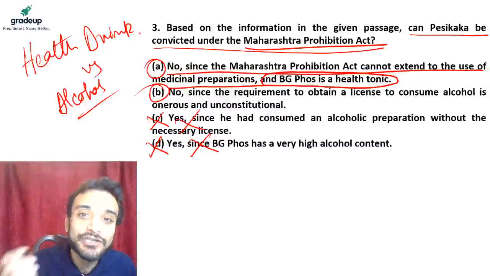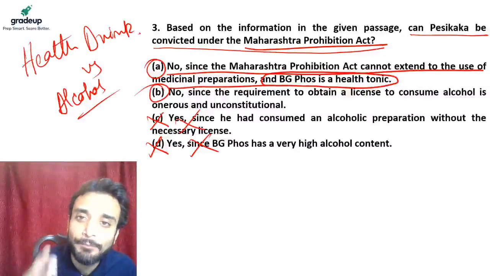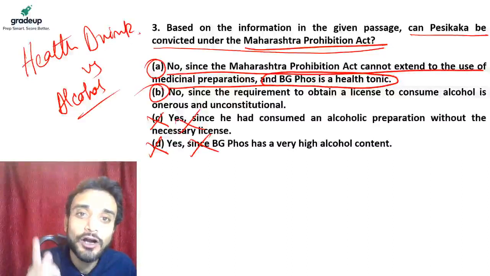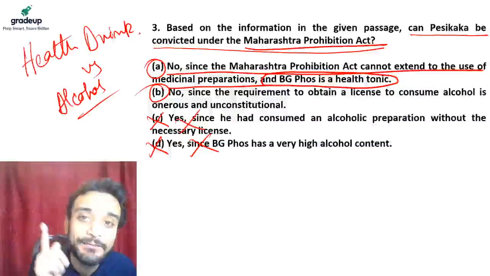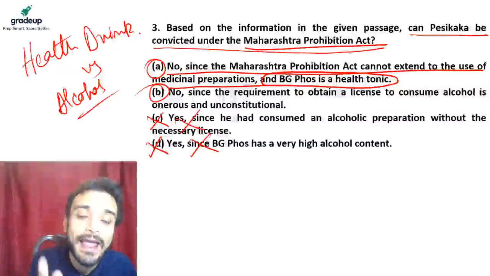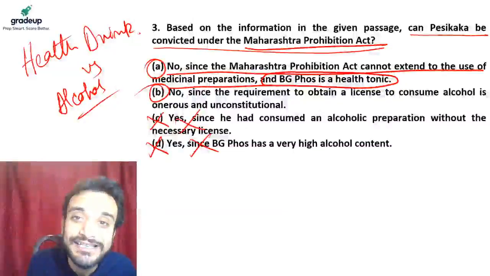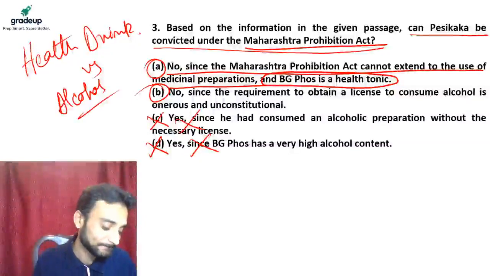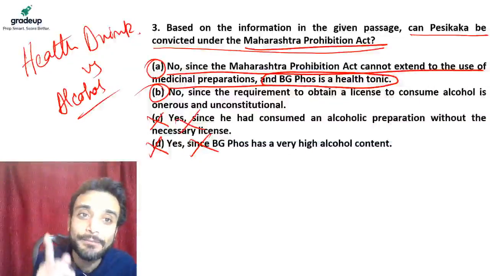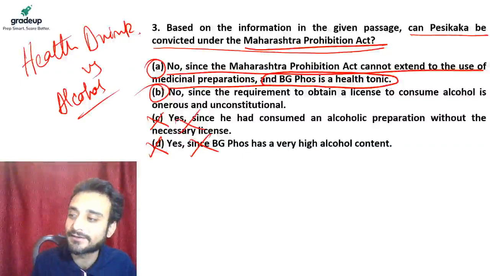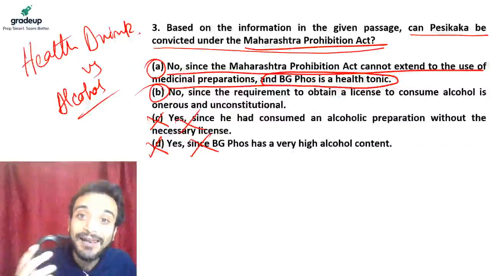It is not alcohol. So the Maharashtra Prohibition Act does not extend to medical preparation. It only is applicable to alcohol or intoxicant. It is only applicable to intoxicants like alcohol.